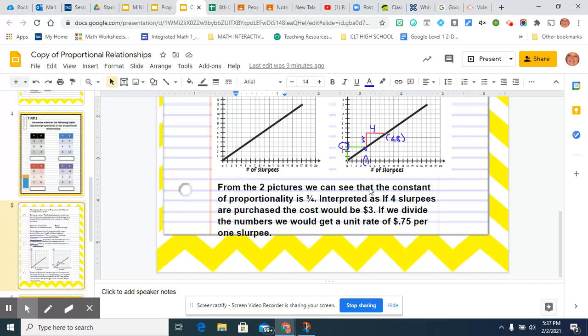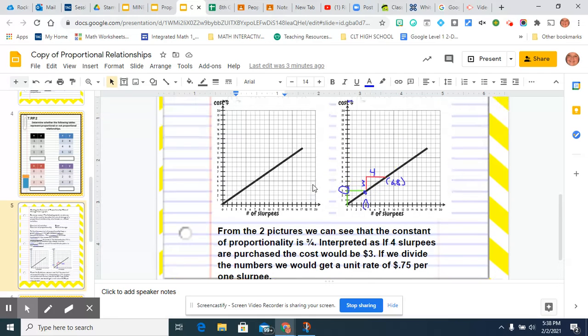So in other words, each Slurpee costs 75 cents. So 4 Slurpees, 75 cents plus 75 cents is $1.50. Double that and we would have $3. Yep, 75 cents. So 75 is the unit rate. But 3 over 4 is a completely acceptable rate of change or slope.